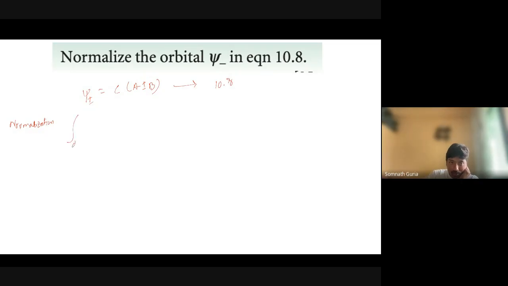We have the integral from 0 to infinity of psi minus star psi minus d tau equals 1. That implies the integral from 0 to infinity of c into (a minus b) whole square d tau equals 1.